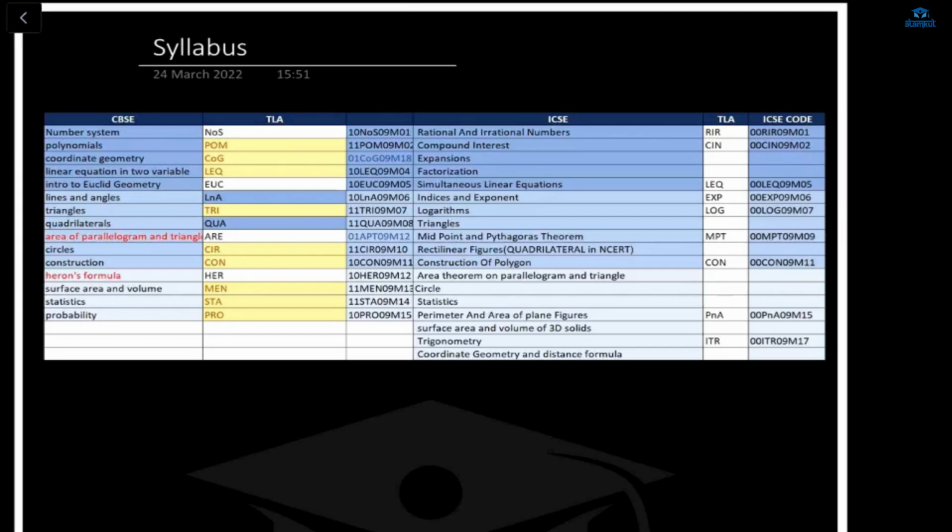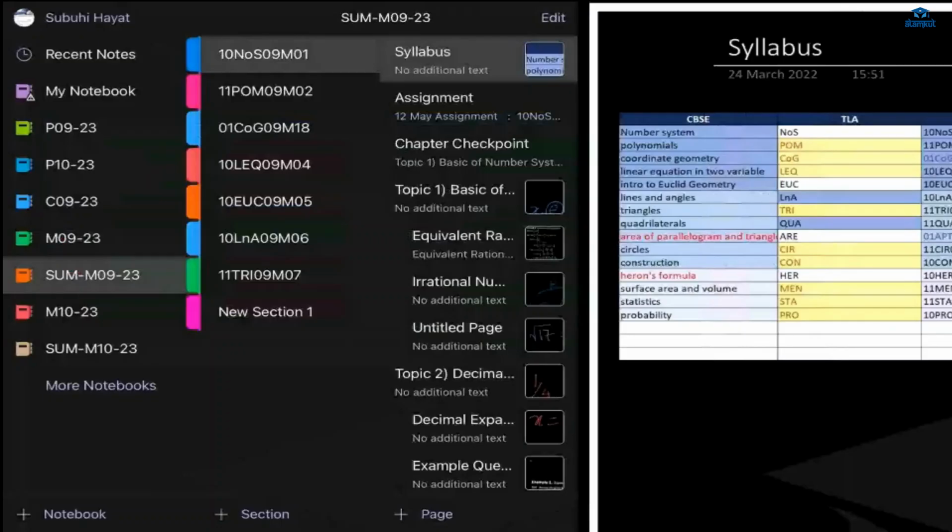Only number system, coordinate geometry, linear equations, lines and angles. Heron's formula, triangle also? No, not completed. Before triangle, she has taught Heron's formula. Heron's formula is easy. It just consists of one formula. Semi-perimeter is a plus b plus c divided by 2. Only about this, you have to find the area of the triangle.